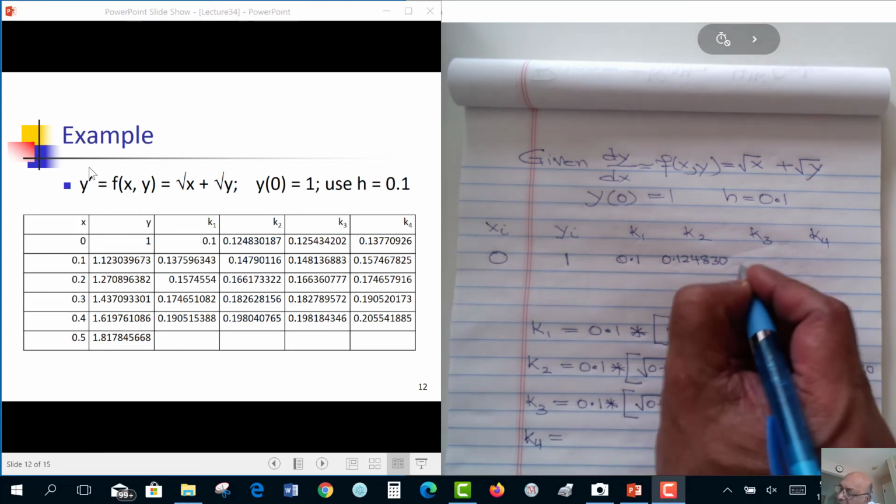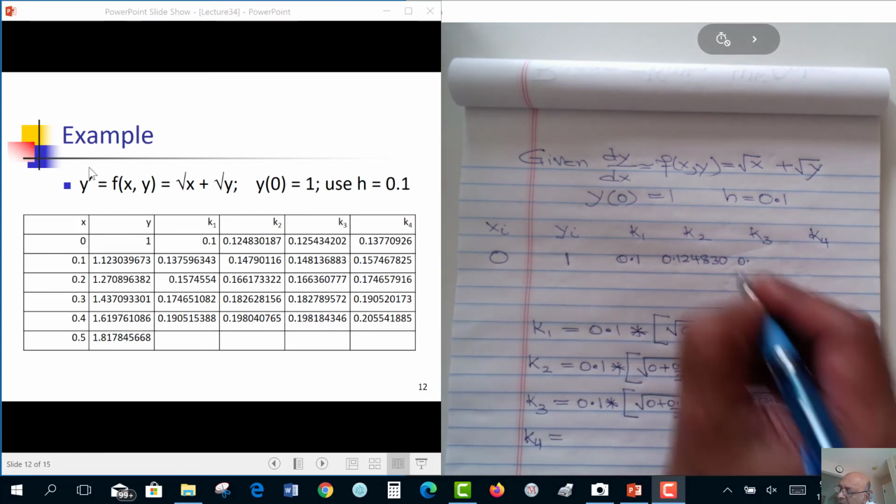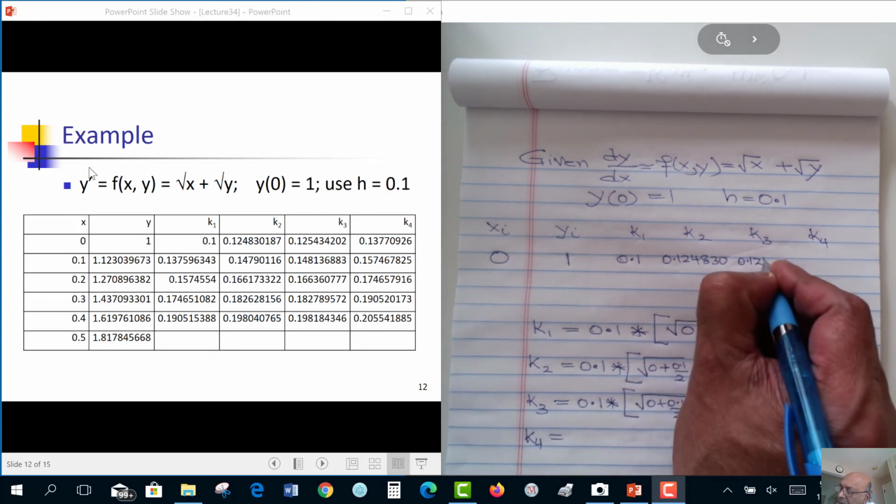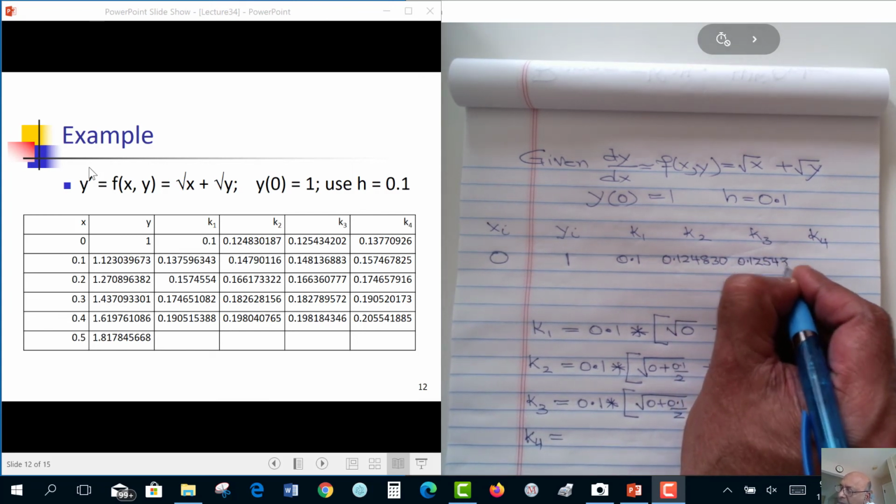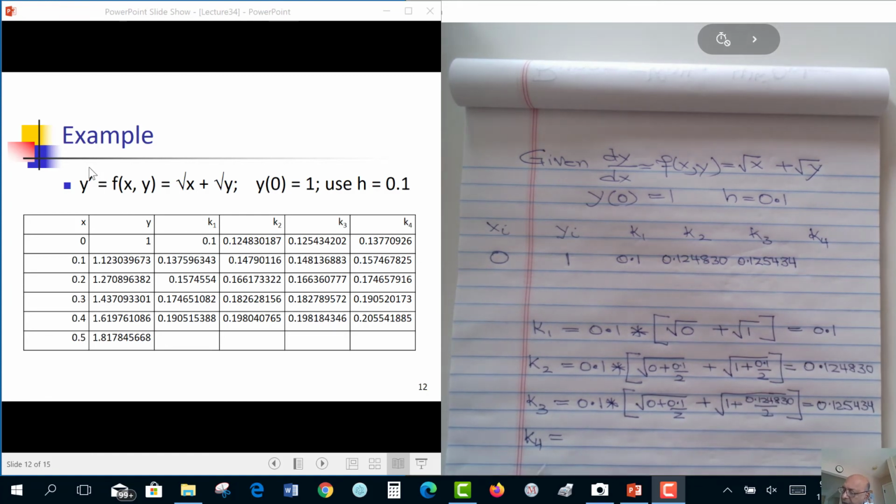So let's copy this. So this will be 0.1 times square root of 0 plus 0.1. Remember, we are on the right of the strip.